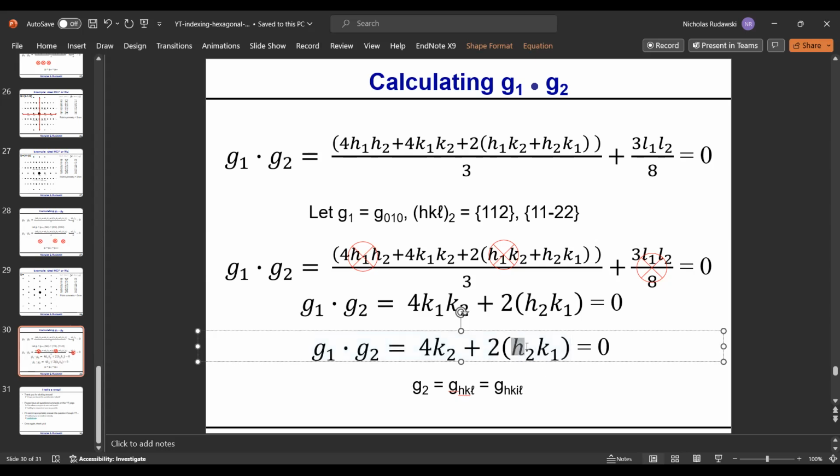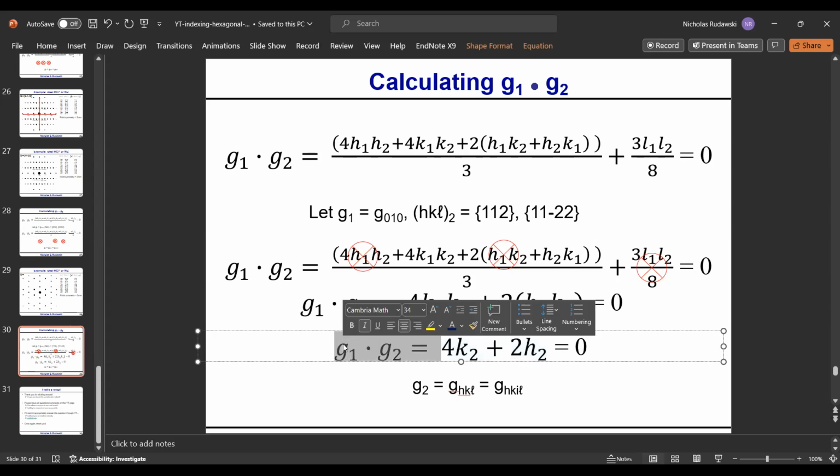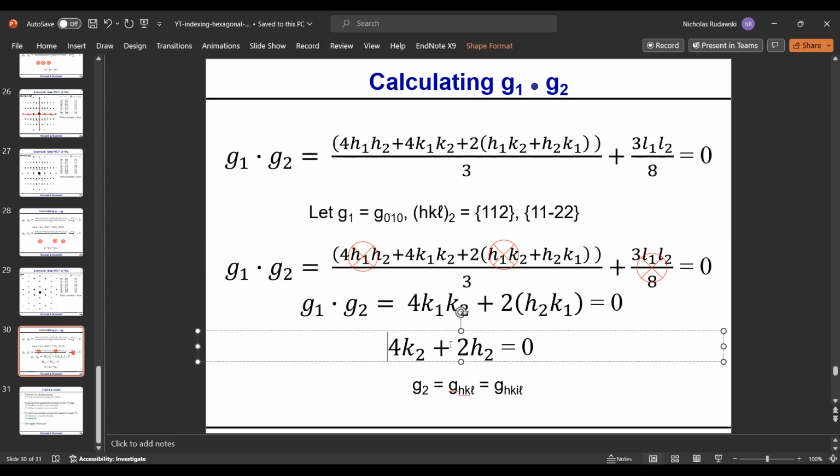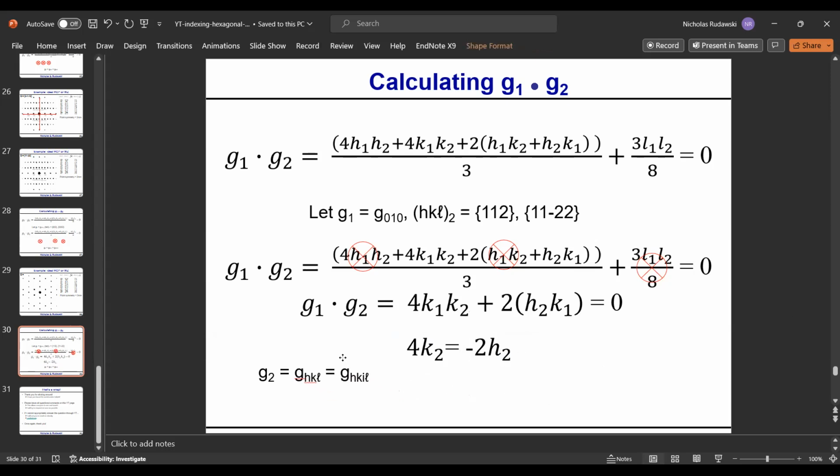And we're ending up with, so that simplifies down. Minus sign, and then let's simplify this some more.